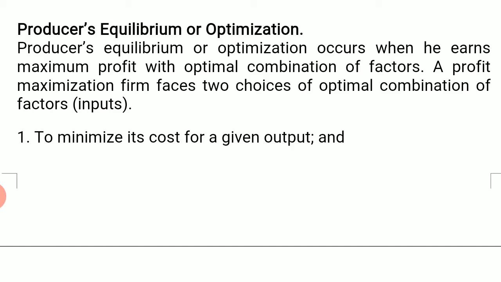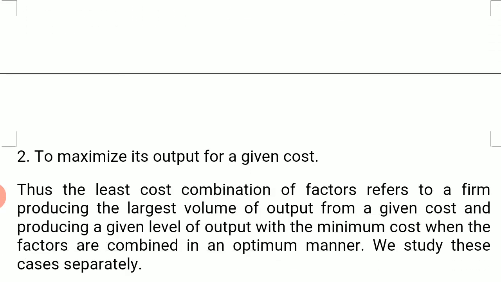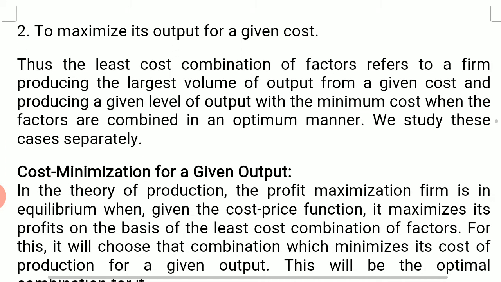Now producer equilibrium or optimization. Producer equilibrium or optimization occurs when he earns maximum profit with an optimal combination of factors. A profit maximizing firm faces two choices of optimal combination of factors, that is inputs: to minimize his cost for a given output, and the second one is to maximize his output for a given cost.